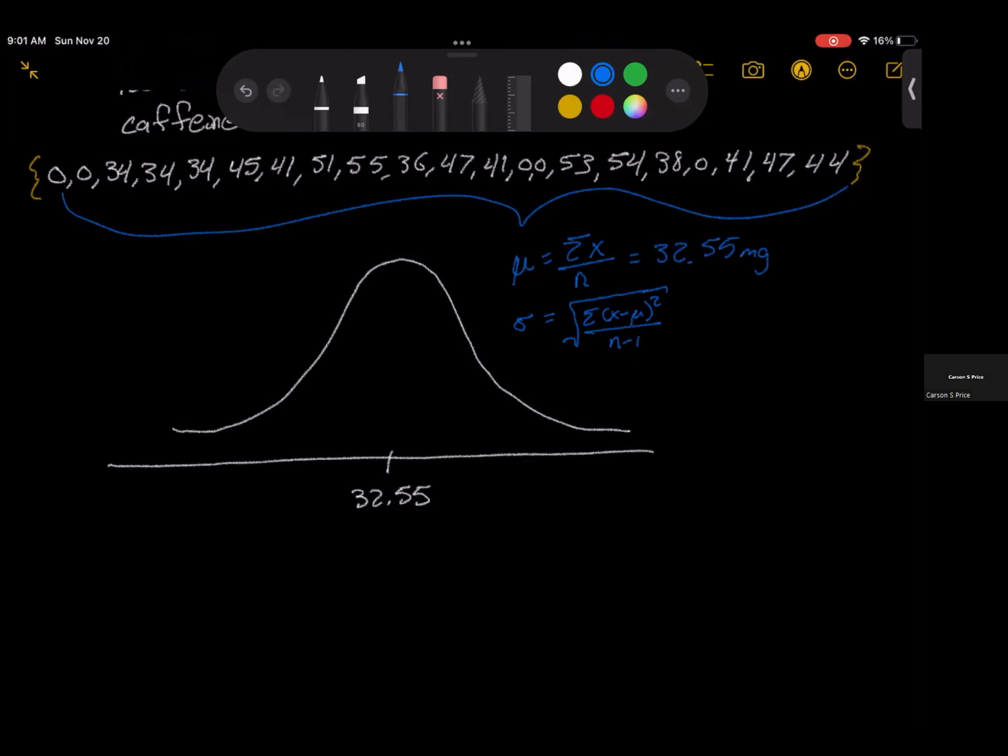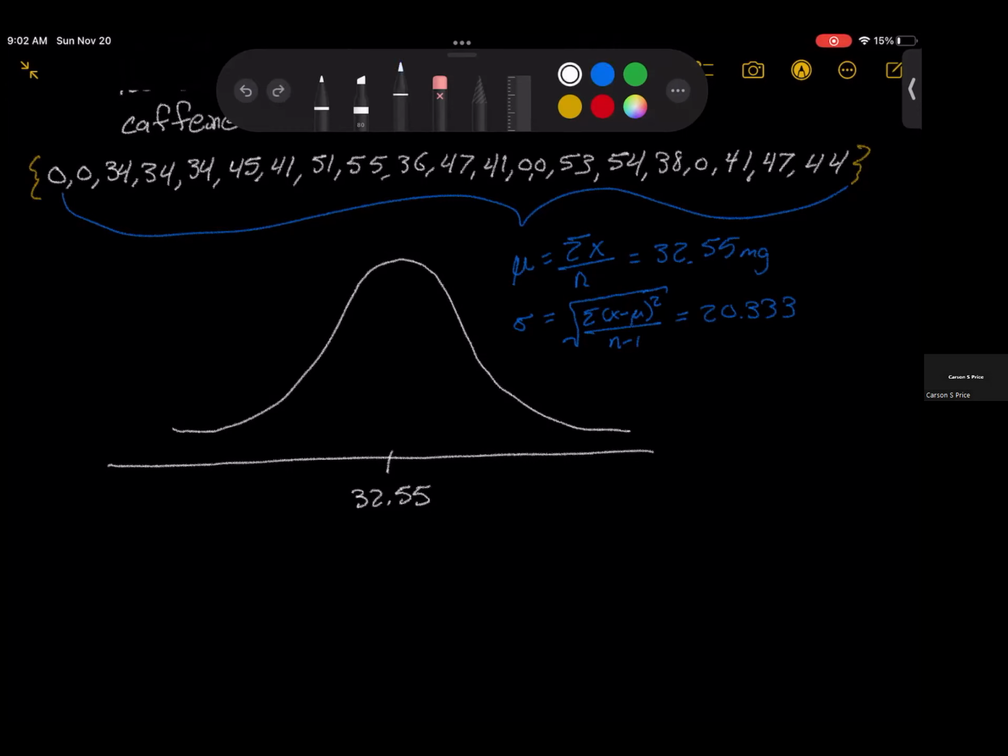I'm not measuring the caffeine amounts in all 12-ounce cans. If we do that, we get a standard deviation of about 20.333. Now with this information, we can build this normal distribution. Now I can write down that curve and I know the details of that curve.